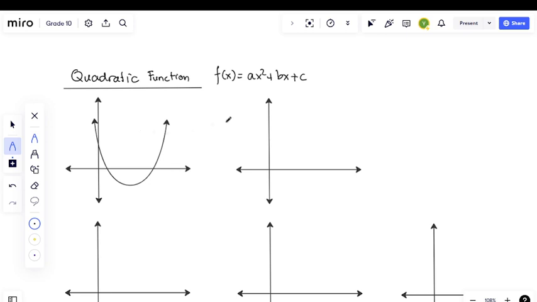kurva dari quadratic functions, diingat-ingat lagi ya. Nah, nanti kita bisa tanpa harus cari detailnya semua, we can define where the graph is going to face. Ya, kita bisa tahu grafiknya itu akan menghadap kemana. Is it facing up or is it facing low? Ya, ke atas atau ke bawah.